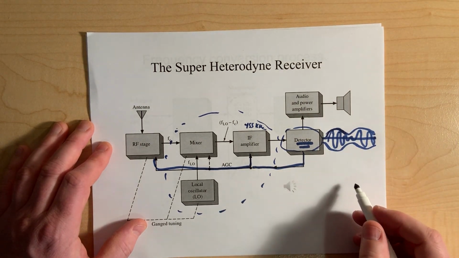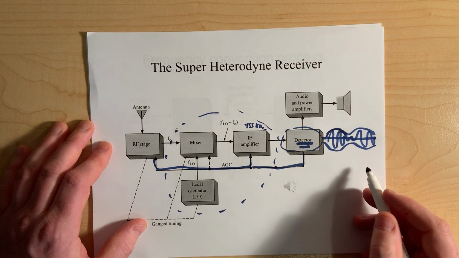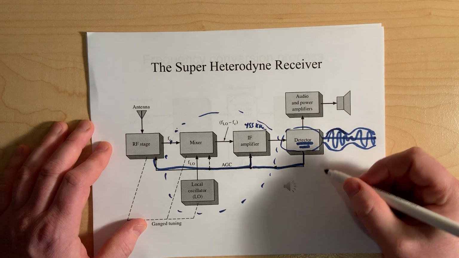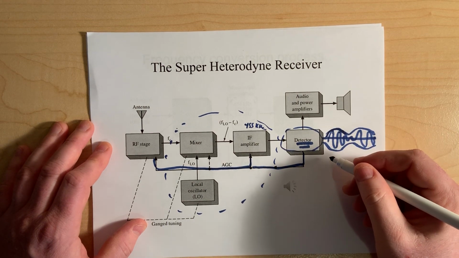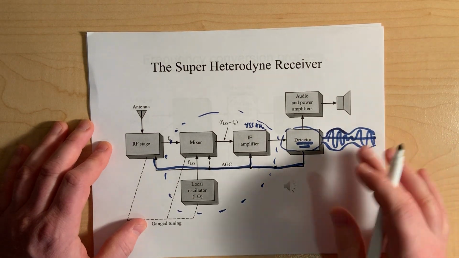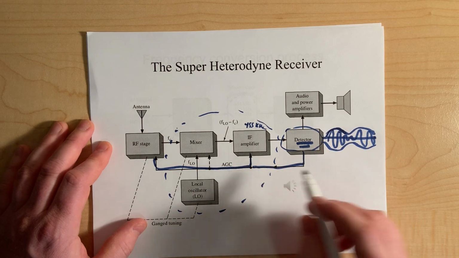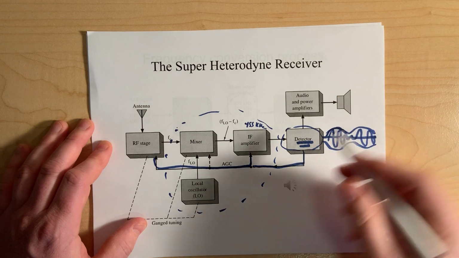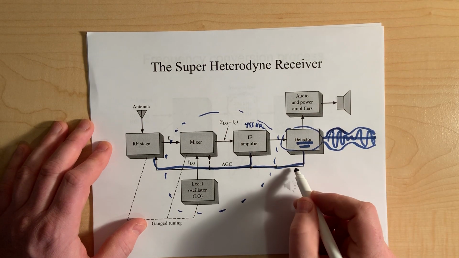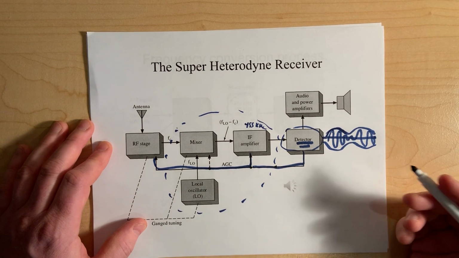Okay, so that's what's done in a detector. Once that intelligence is extracted, the detector gets fed back as an AGC. If it's a large signal, the signal to attenuate will be larger.